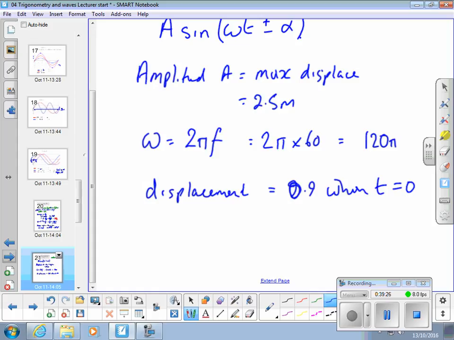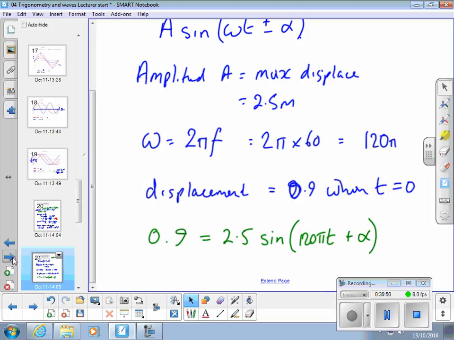So we can put that fact into the formula. 0.9 is equal to 2.5 sine(120 pi t plus the phase angle).